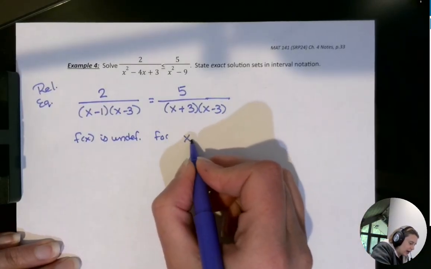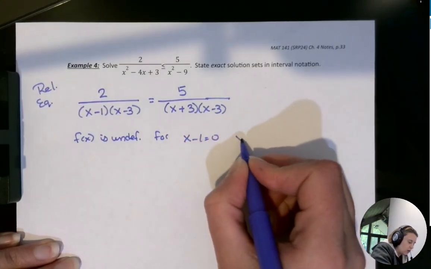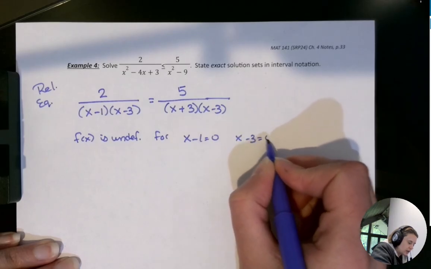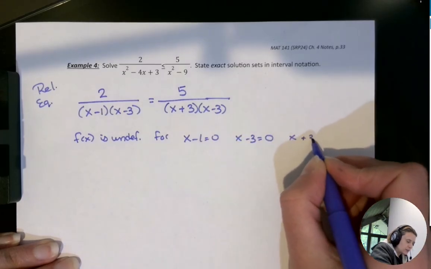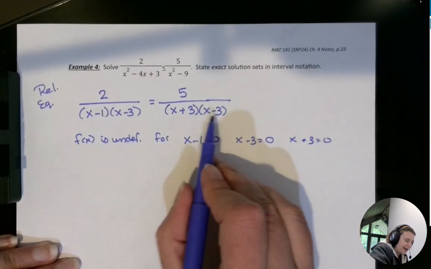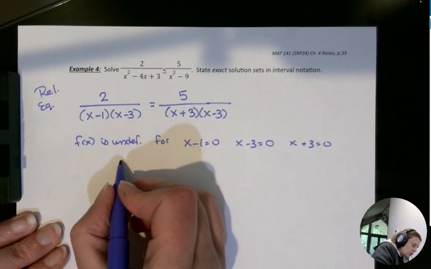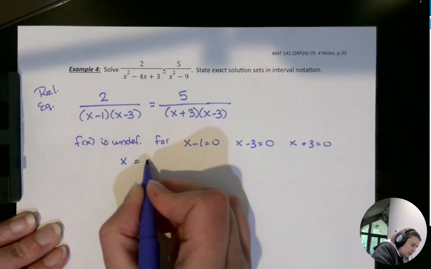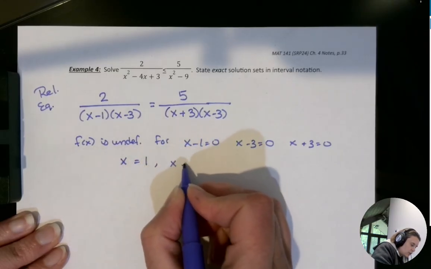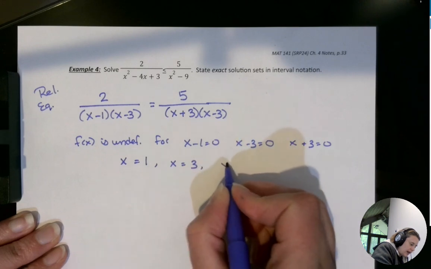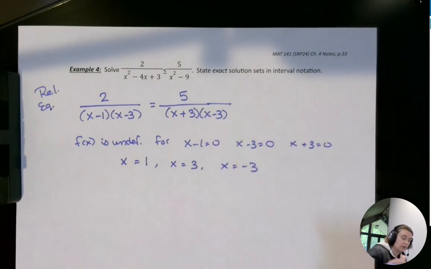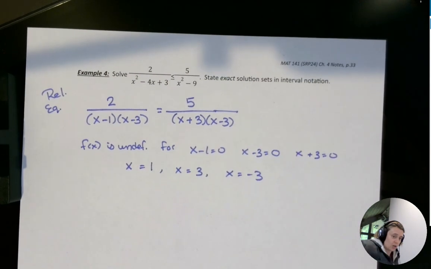So for x minus 1 equals 0, or x minus 3 equals 0, or x plus 3 equals 0. I don't actually need to say x minus 3 again since I already have it here. So we're undefined for x equals 1, x equals 3, and x equals negative 3. There's 3 values for which the function is undefined.